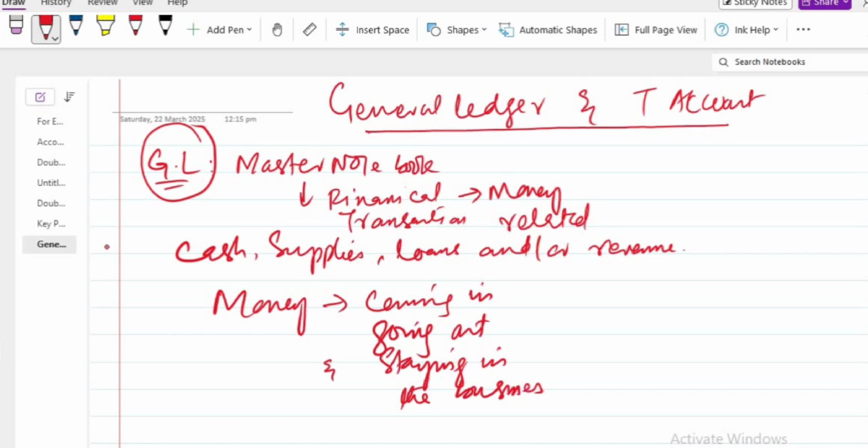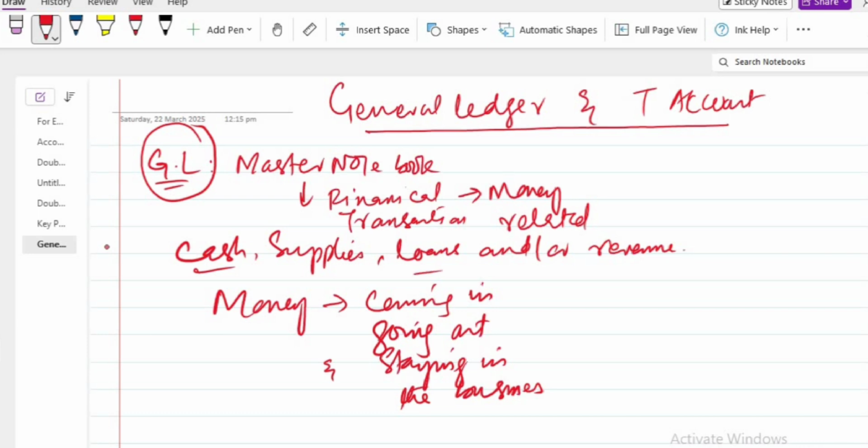Now, how does it work? Each transaction is recorded in the general ledger under a specific account, like cash, supply account, or loan account. This is the work the general ledger performs.